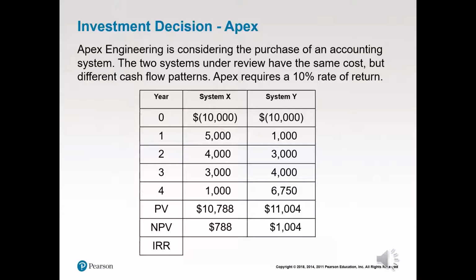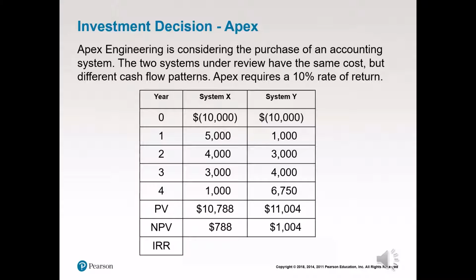The net present value helps us determine whether the project is a good project or not. We're basically looking for a positive number. In fact, even 0 net present value would give us the required 10% return that we want.